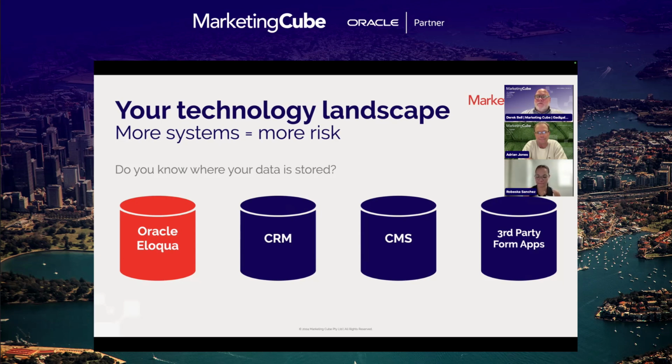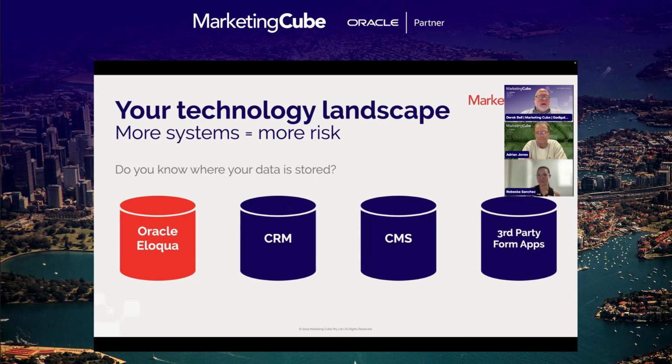Now, depending on where you are in the world, that data is either in Canada, the United States, or here in Australia, for instance. Then you've got your CRM data. So again, where's that data being stored? It could be in the United States, it could be overseas in Canada, etc. The CMS, well, again, that's going to vary as to where you may have that local data center around the corner. That's nice and easy.